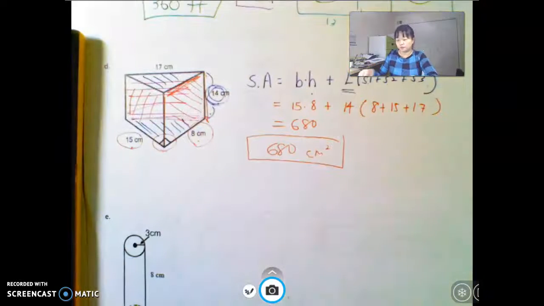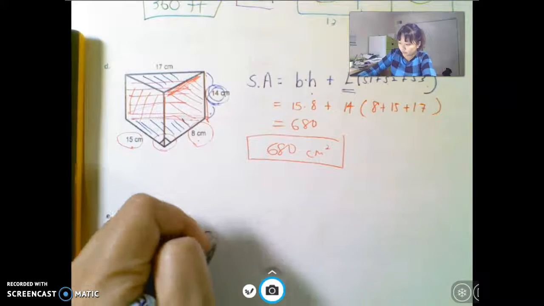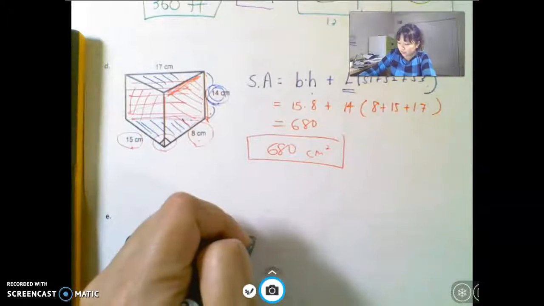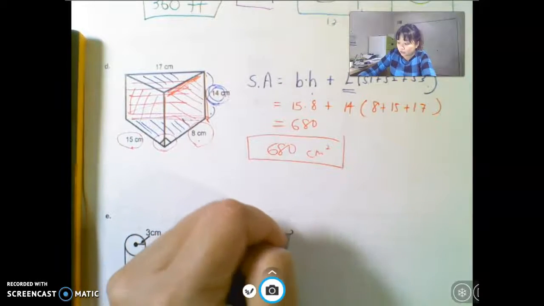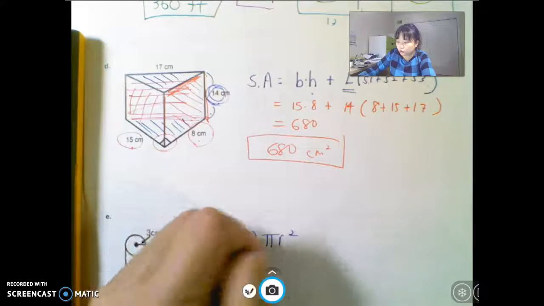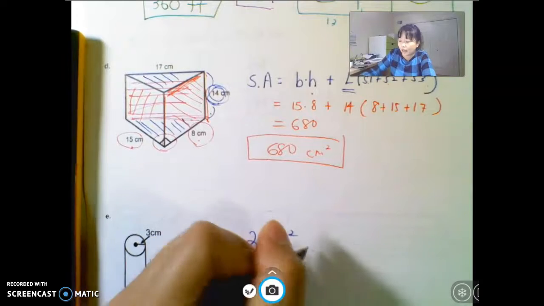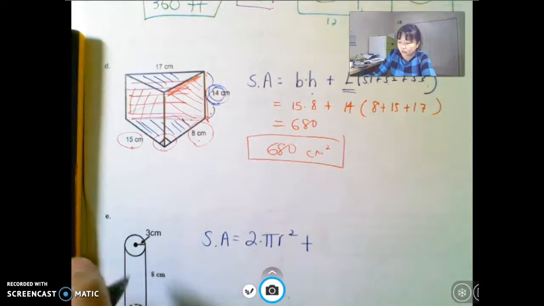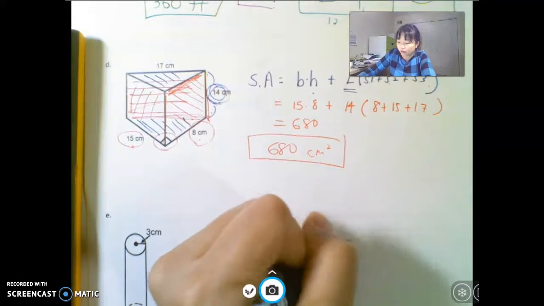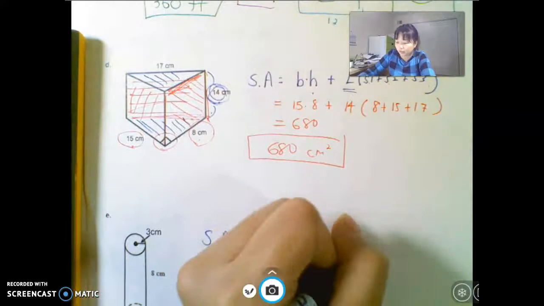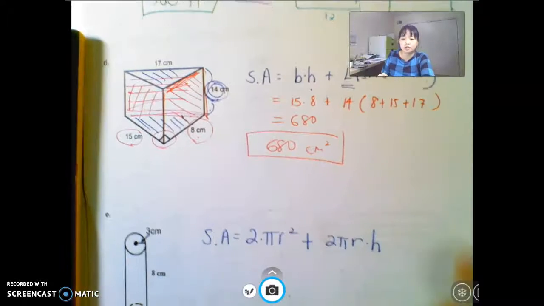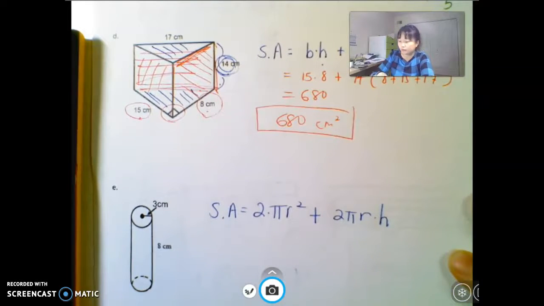So the formula goes like this. The surface area of a cylinder is pi r squared, that's a circle, but you're going to have two of them because of the top and the bottom. And then the side: plus 2 pi r, the circumference, times the height of the cylinder. So if you prefer the formula, that'll be the formula.